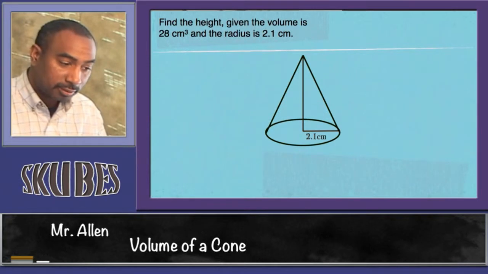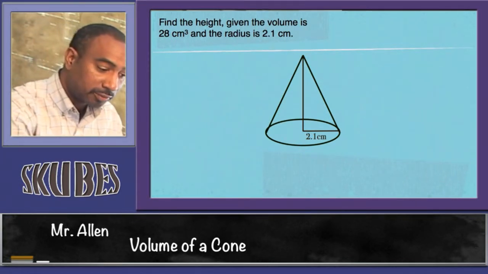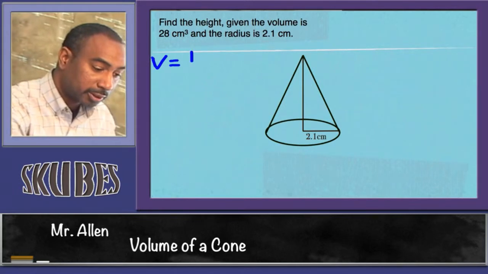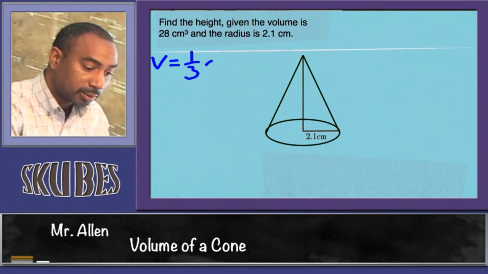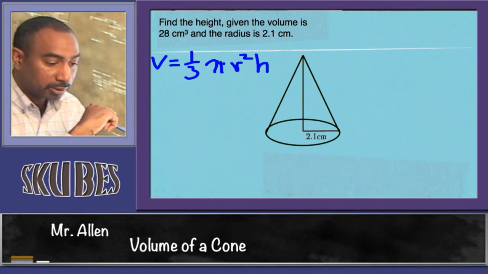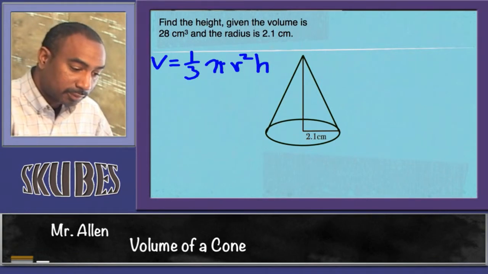Right, find the height given the volume is 28 cubic centimeters and the radius is 2.1 centimeters. Again, the volume we know is 1/3 times pi, the radius squared, times the height. And we're looking for the height. That's what we're looking for.